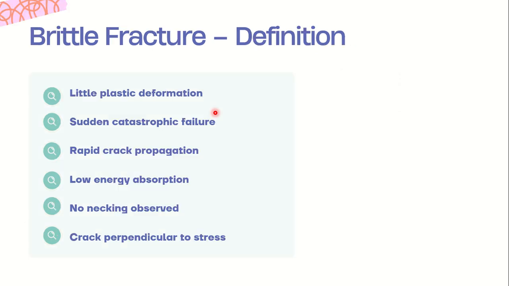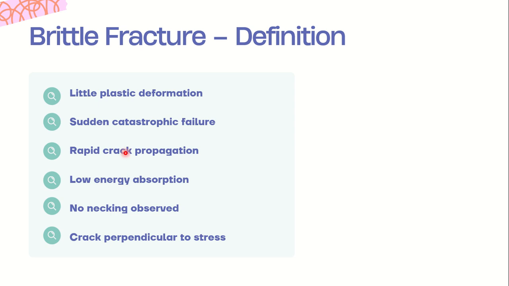Then brittle fracture. Here there is little plastic deformation, then sudden catastrophic failure, then rapid crack propagation. In ductile fracture, we see slow crack propagation.